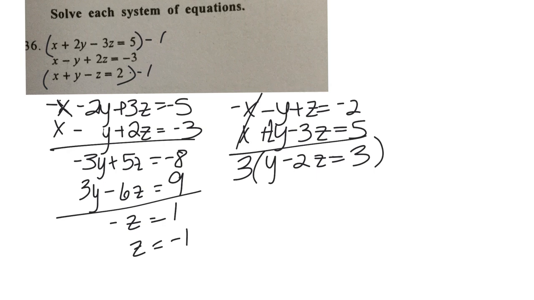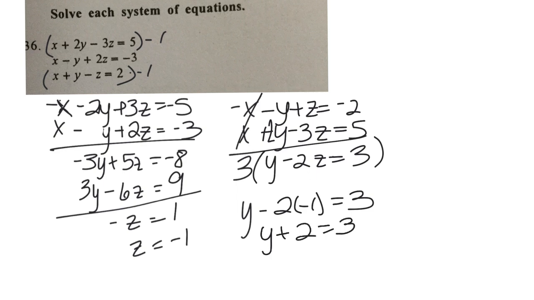Then I can plug that back in. y minus 2 times negative 1 equals 3. I'm plugging it into this equation because the y has no coefficient, so that's less work. So y plus 2 equals 3, so y equals 1.